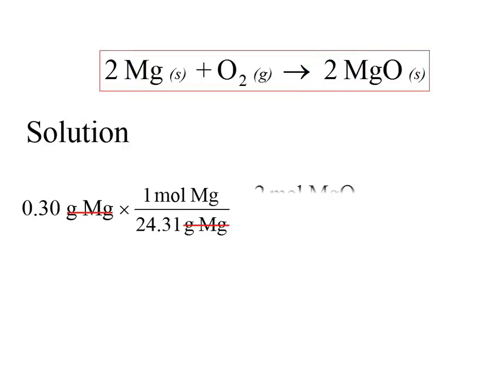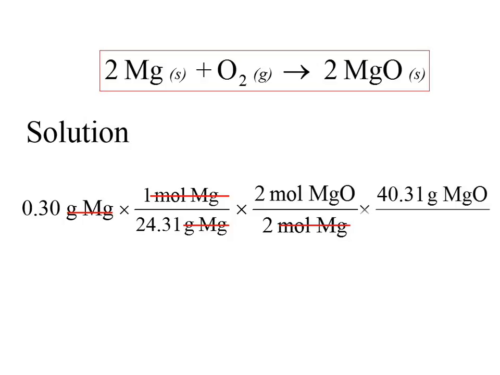So I do that, or you do that too. We're left with moles of magnesium oxide. We need to go to grams of magnesium oxide using magnesium oxide's molar mass. So that was that 40.31? Grams per 1 mole. So we're going to use the unflipped version, aren't we? 40.31 grams of MgO over 1 mole of MgO.